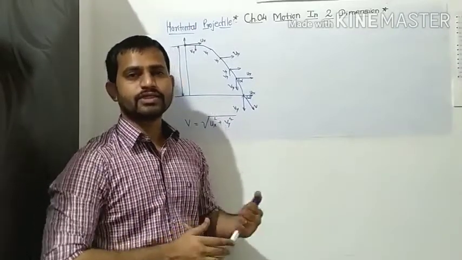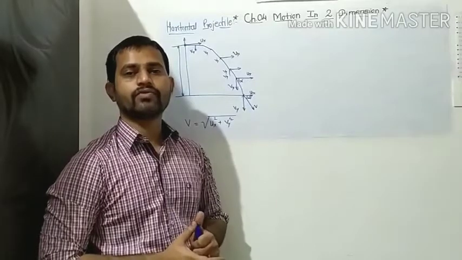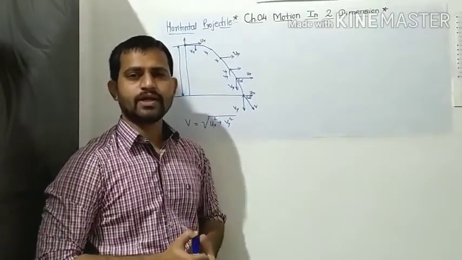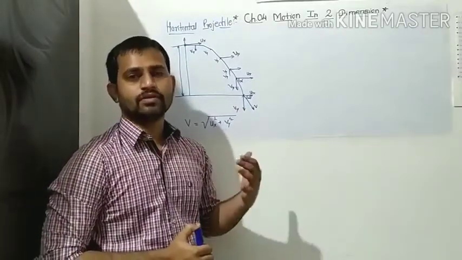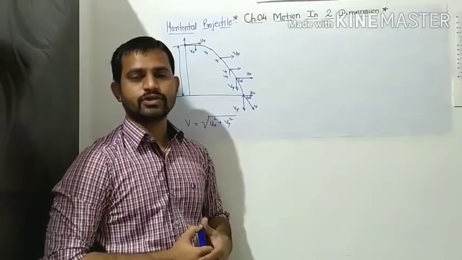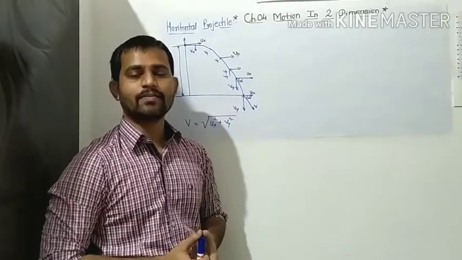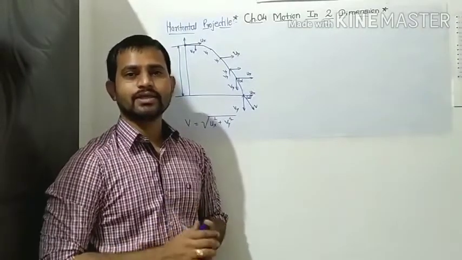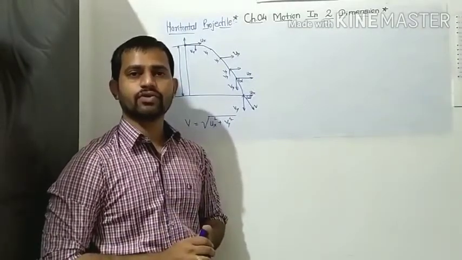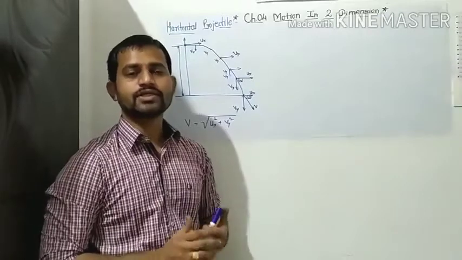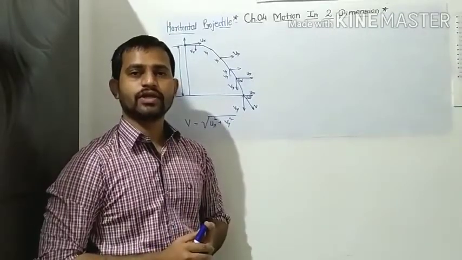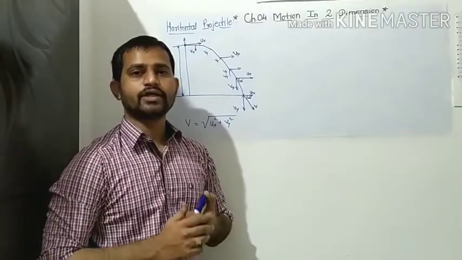Now, if we have to find the time period for that horizontal projectile motion, how can we calculate the time period of the horizontal motion? That is important, and accordingly we have to throw the object. What is the distance the object has to cover here? It is nothing but equal to the height h.